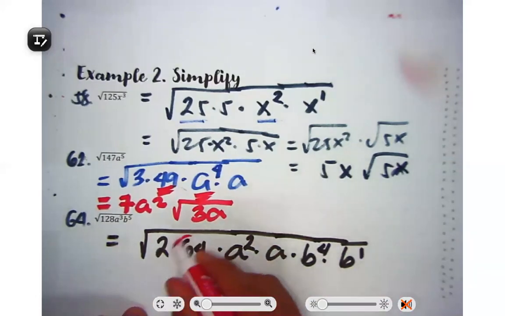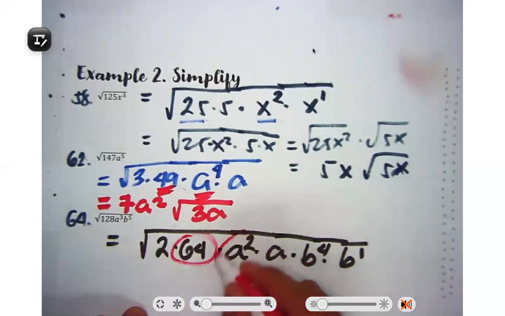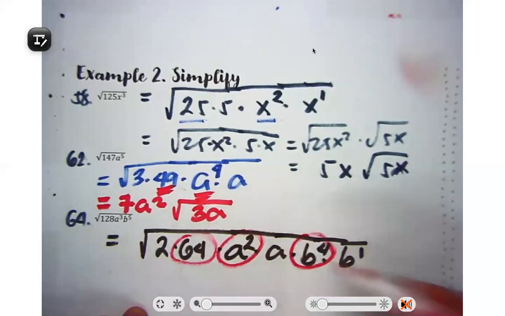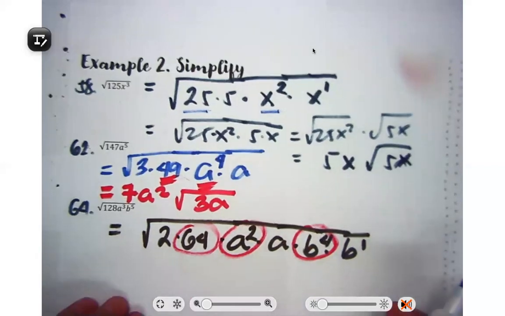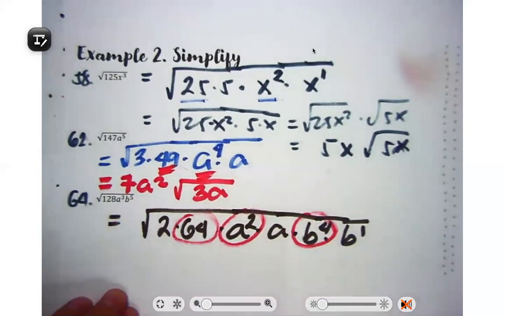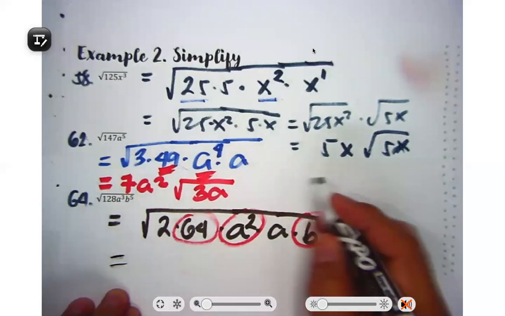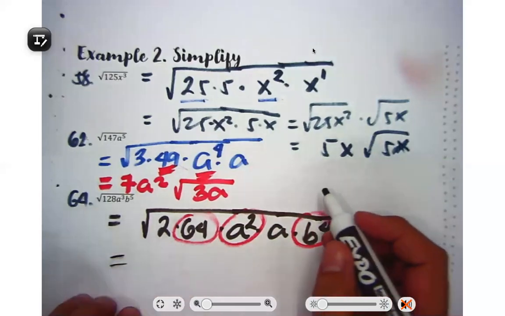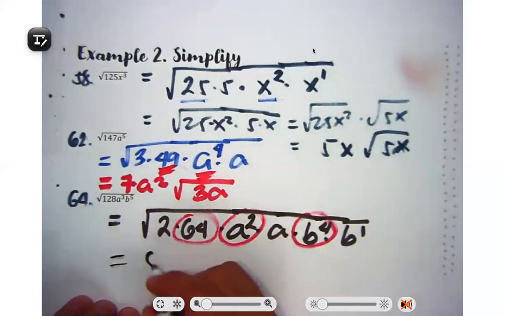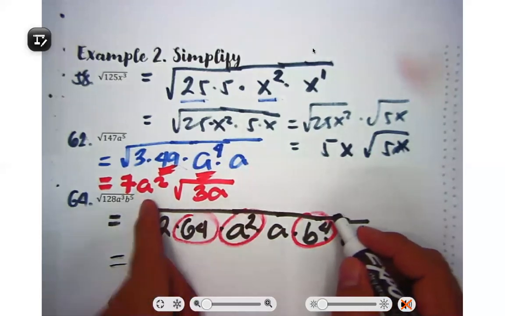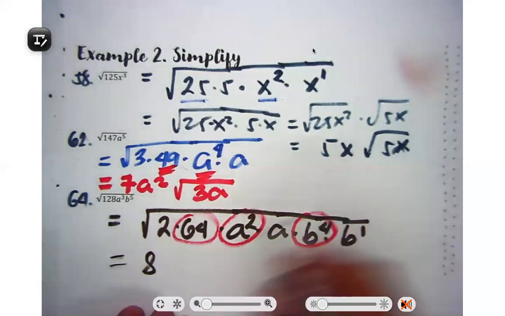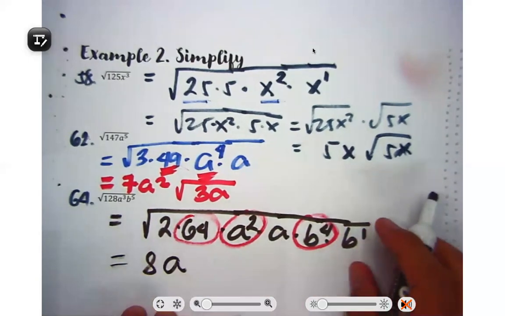We have 64. What else? We have a squared. We have b raised to 4. Take all the square roots of these. And so we have 64 first. Square root of 64 is 8. Square root of a squared, just divide 2 by your index 2, 2 divided by 2 is 1. So a raised to 1, or just a.